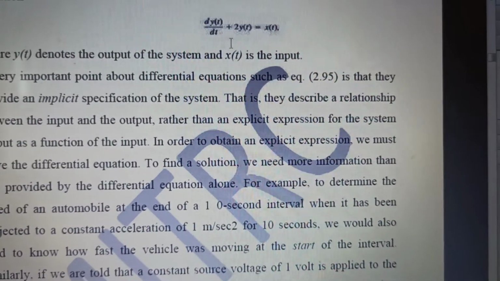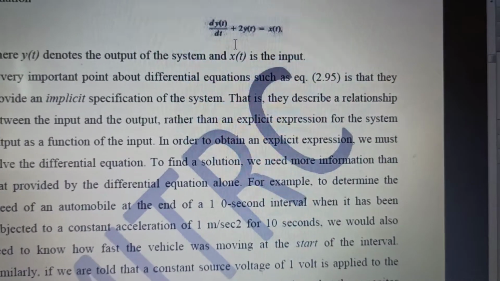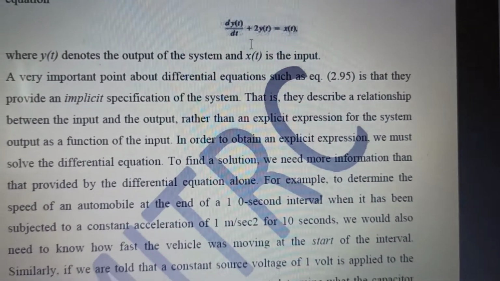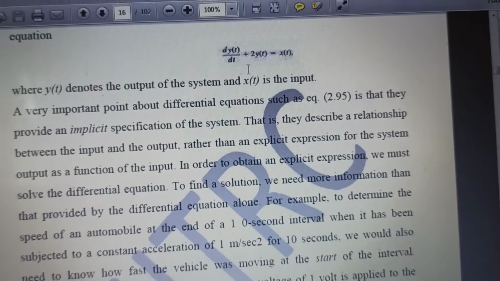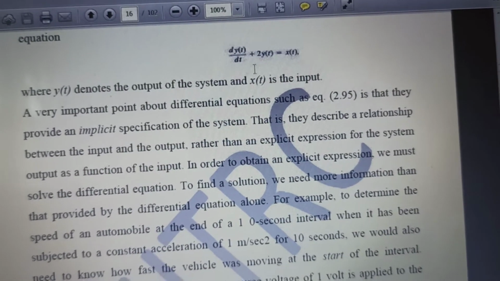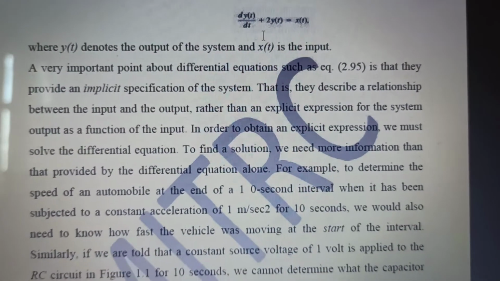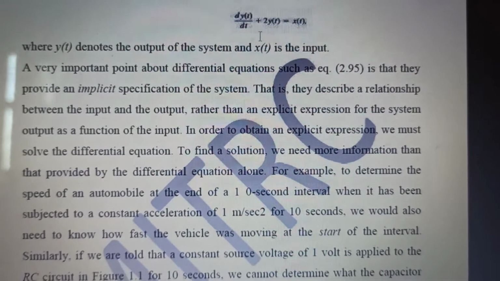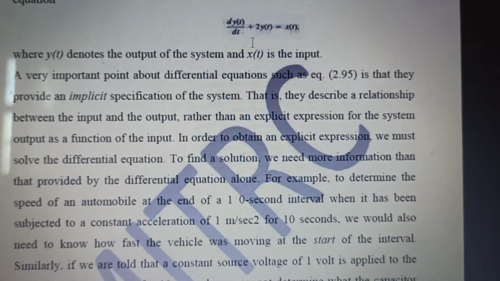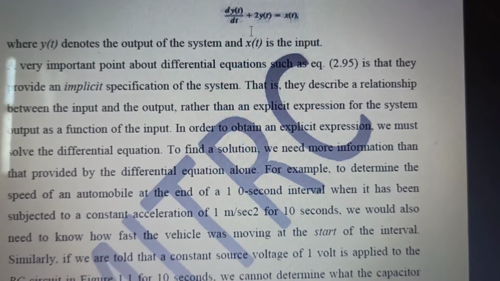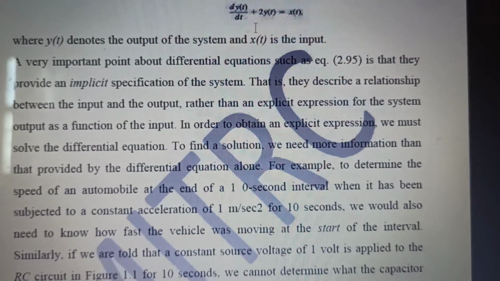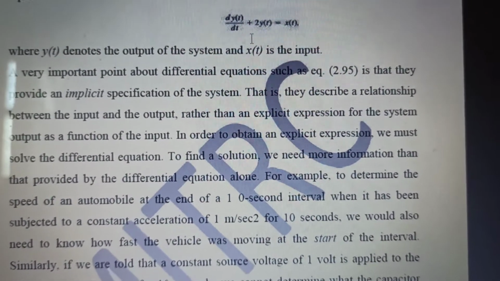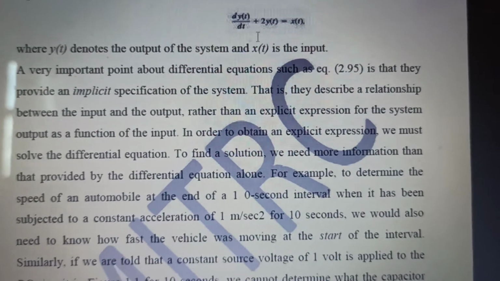Because the coefficient of y of t is 2, the coefficient of x of t is 1, and the coefficient of dy by dt is 1. Also, y and x of t, the input, are both functions of time t.